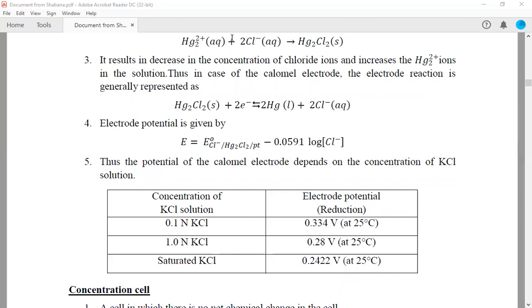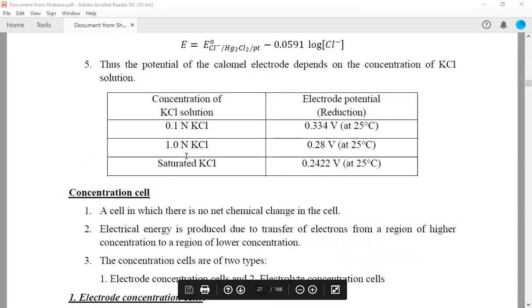Coming to the next topic, that is the concentration cell. What is a concentration cell? The cell in which there is no net chemical change in the reaction, that means the overall net reaction will be zero potential, that type of cell is known as the concentration cell.